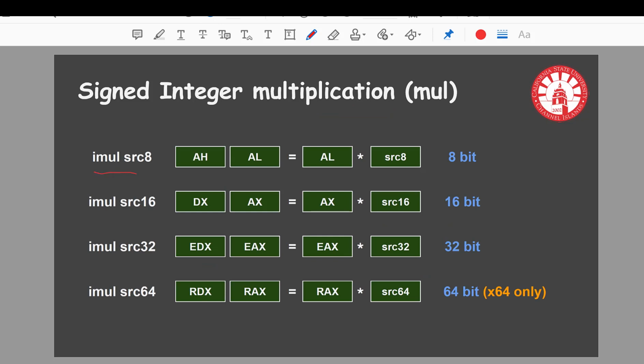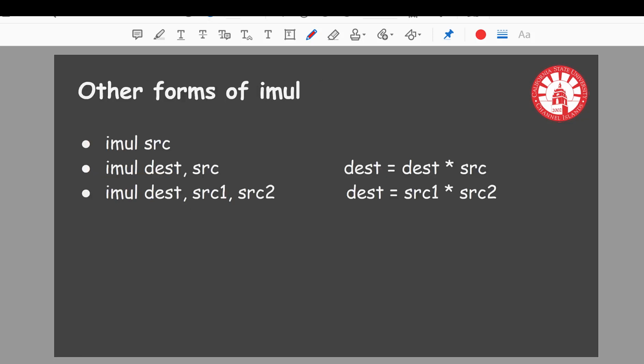As you can see here, we also have the same thing as the mul operation. The thing that is different here, for the imul operation, is that we have different forms of the syntax. We have imul source, which is similar to mul multiplication.